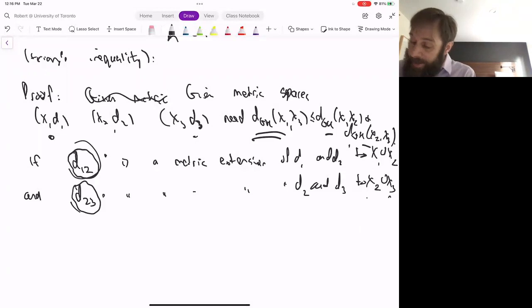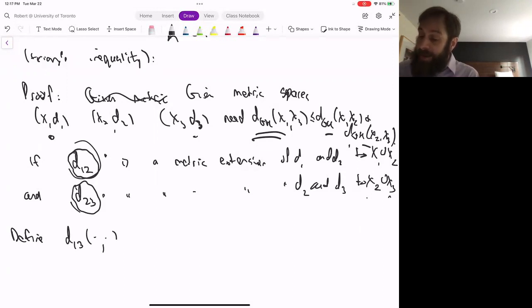And the way to get this upper bound is you define d13. I know that if both of its arguments lie in x1, then it has to agree with d1. And if both of its arguments lie in x3, it's got to agree with d3, so I know how to define it. All I need to say is how it's going to look when one of its arguments lies in x1 and the other lies in x3.